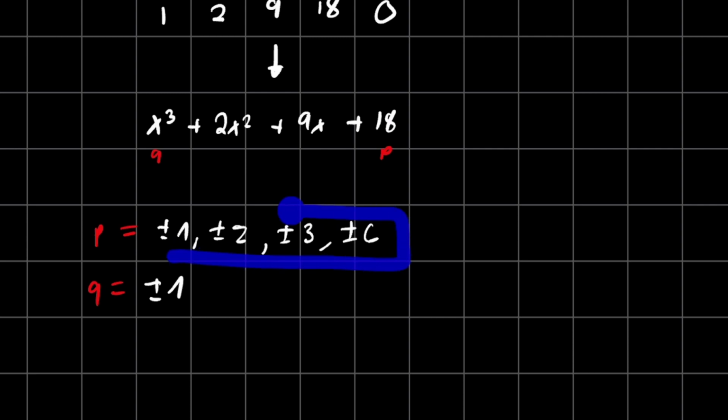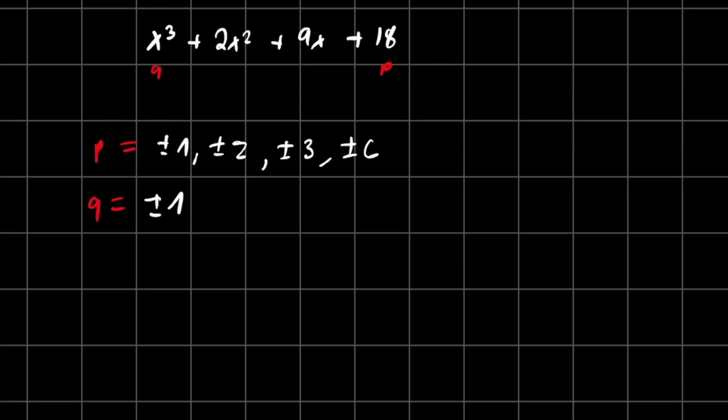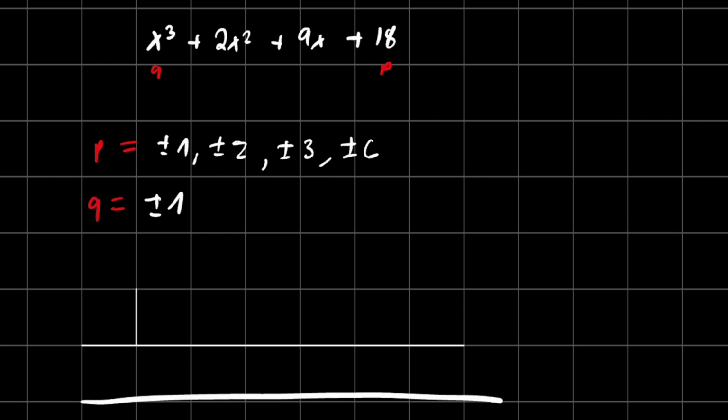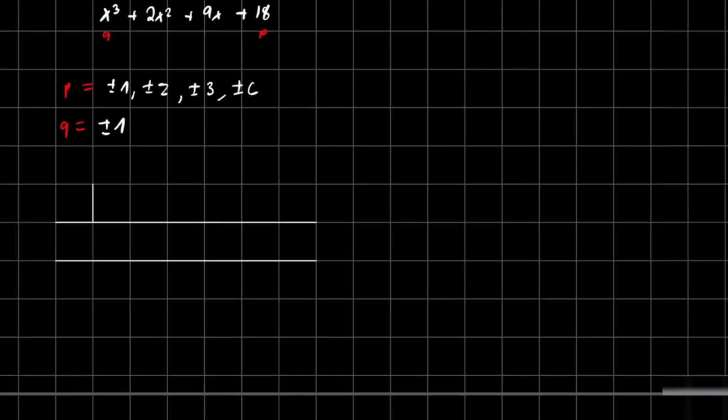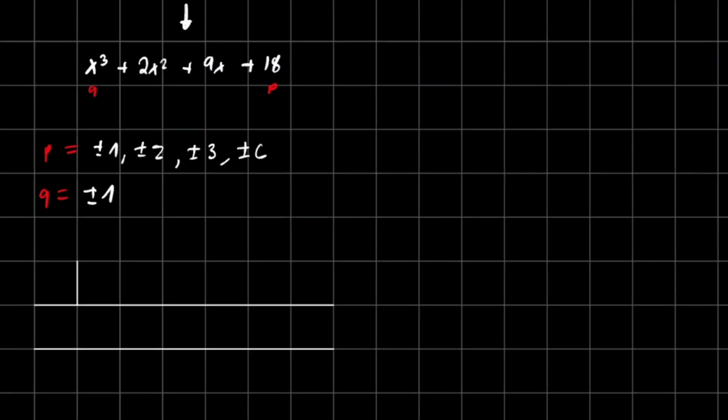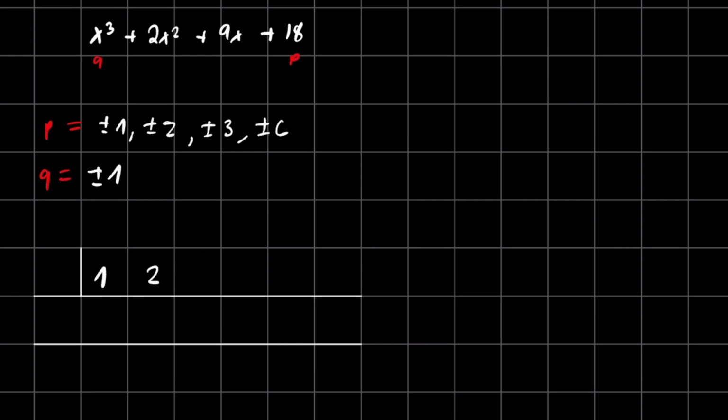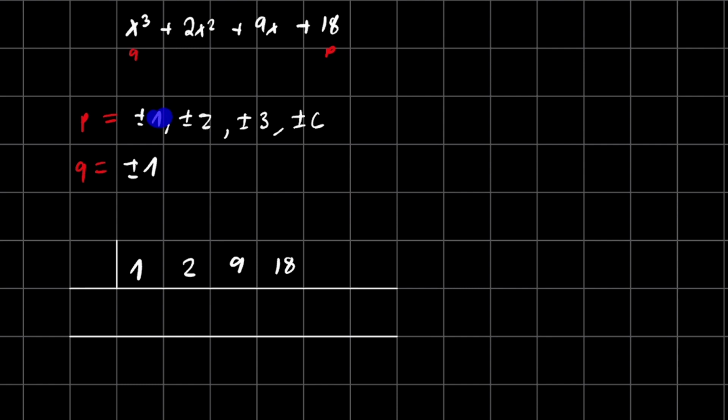So we do the same synthetic division here. If you're quick with this, it's quite easy actually. So now we're going to write our values 1, 2, 9, 18. Now we're going to write here plus minus 1. Let's check plus minus 1.